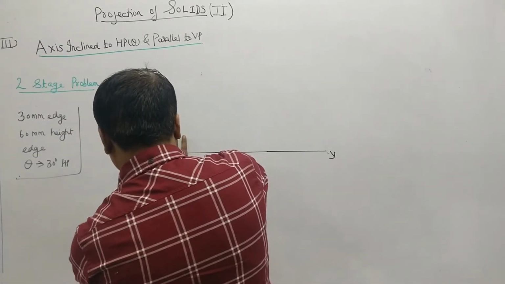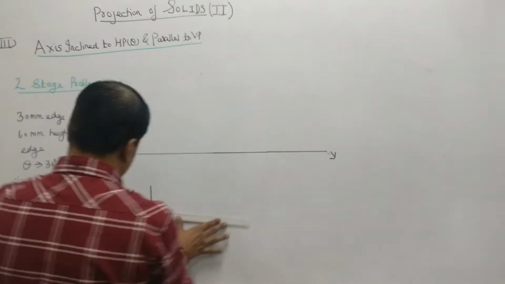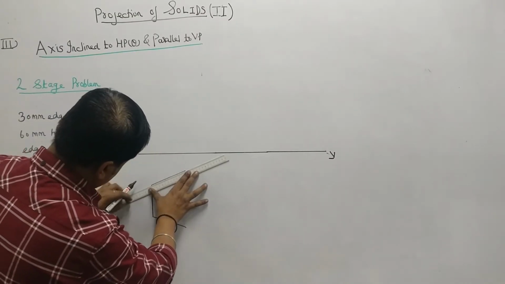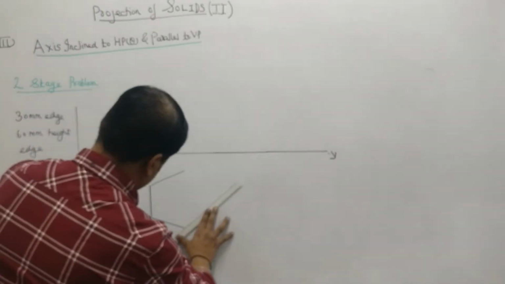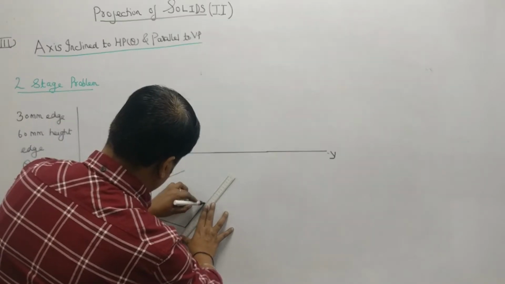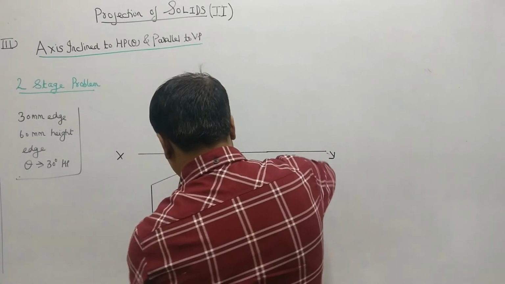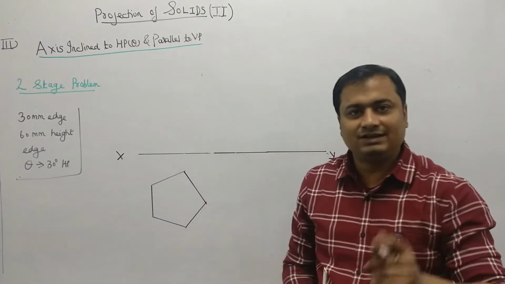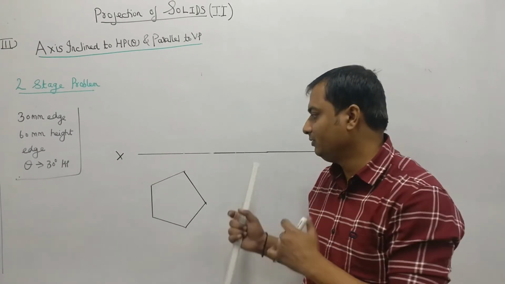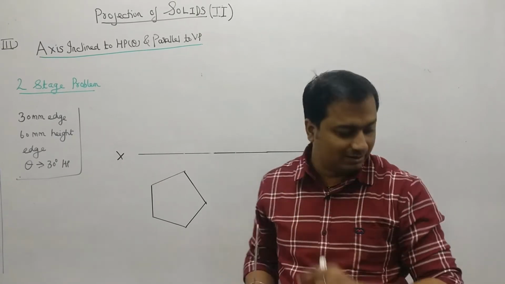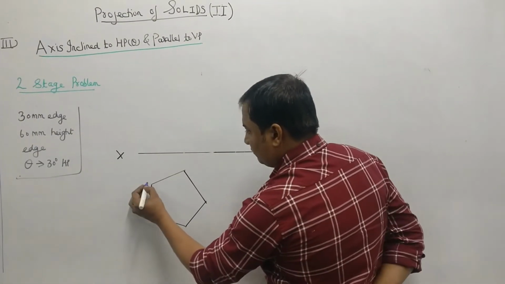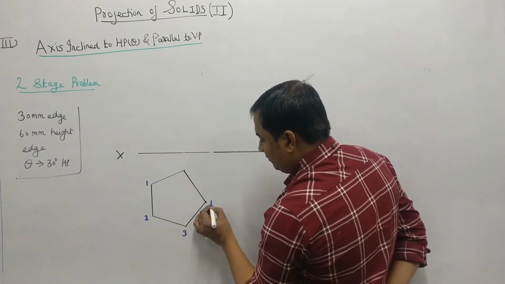We all know that when the prism is resting on HP, the top view will be a pentagon, with double naming. We have seen in the first case how the naming has to be done for the prism. So the outer ones, suppose 1, 2, 3, 4 and this 5.